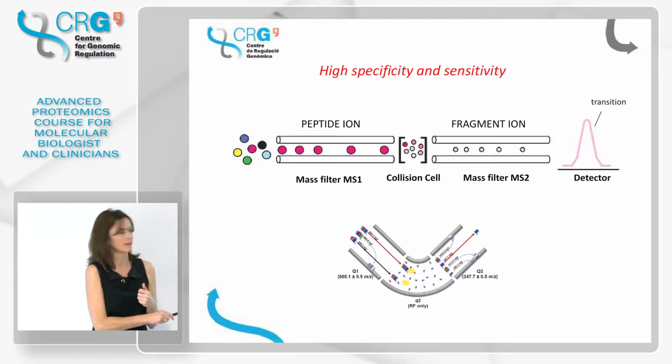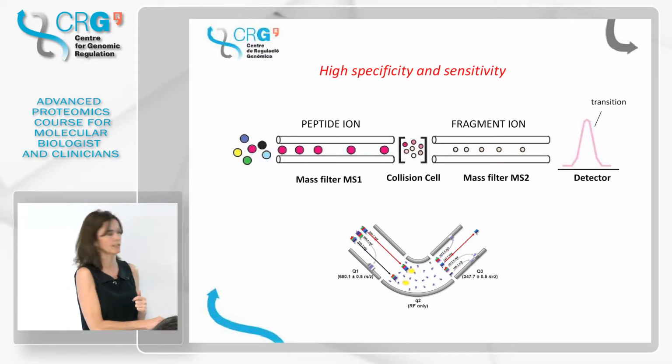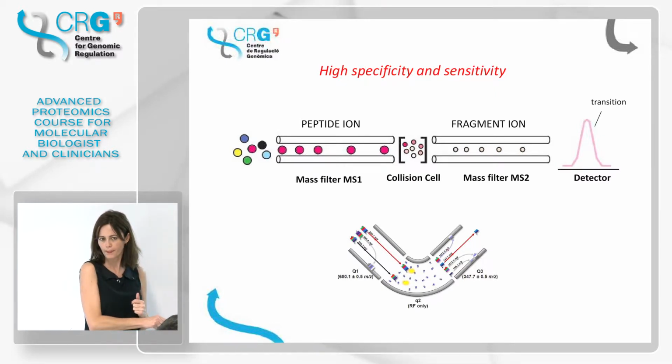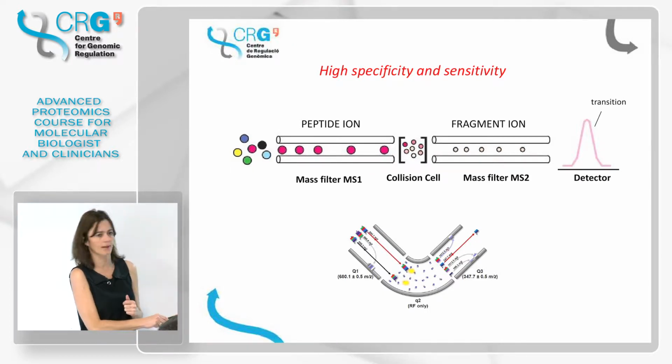Then we break these peptides, and we tell the third quadrupole to only let go the fragment that I want. So this pair of peptide and its fragment is what we call one transition. So we are measuring this transition, that is this fragment that comes from this peptide.